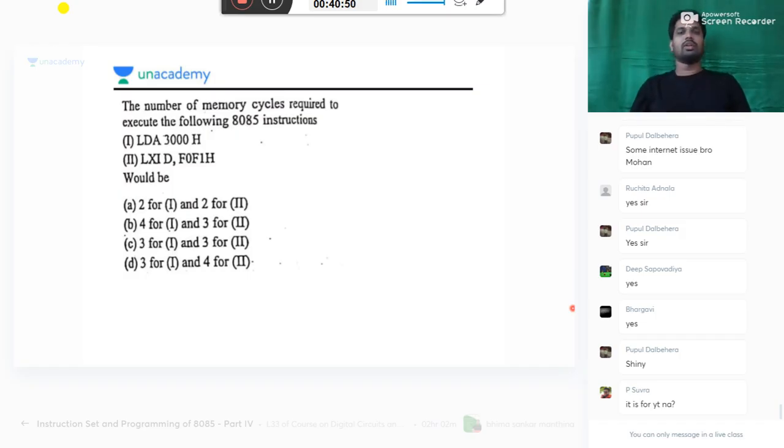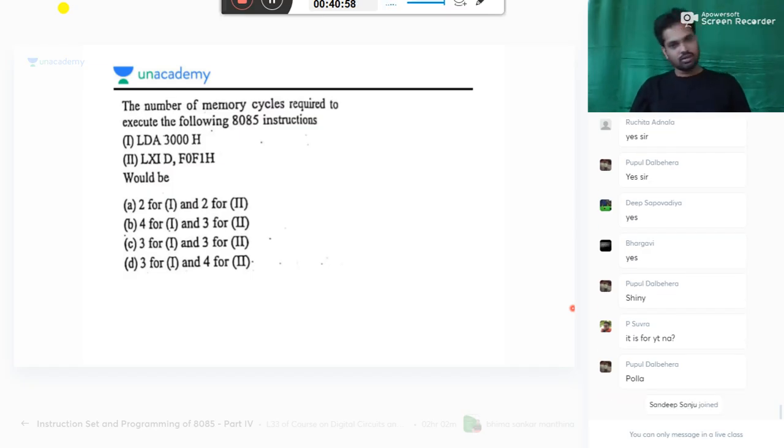So the number of memory cycles required to execute the following instructions: load accumulator. Okay, memory cycles. Okay, fine. LXI comma this one. Okay, good. What would be that? You can easily do this question. Ready?